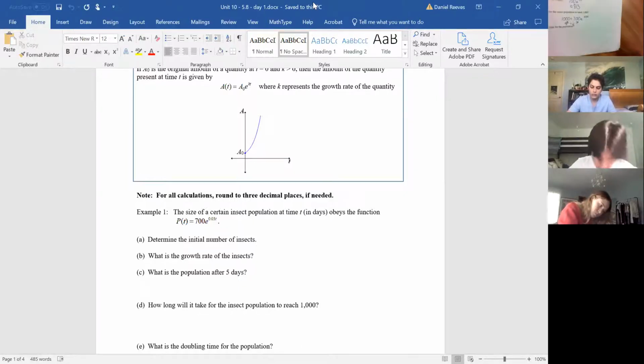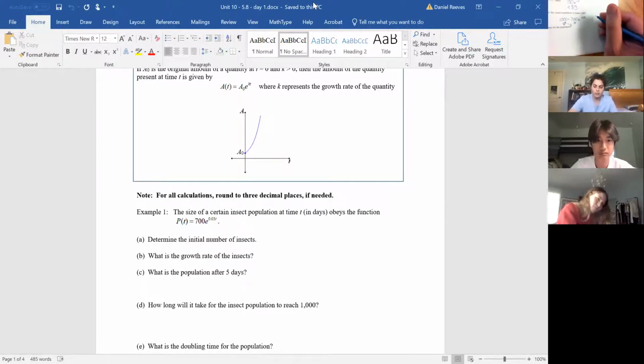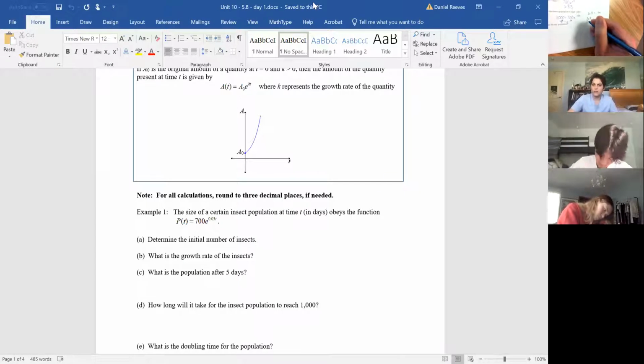Well, my variable is in the exponent, so I'm going to take the natural log of both sides. The natural log of 10/7 is the natural log of e to some power. Oh, well, that's just that power, 0.03t. And my answer is the natural log of 10/7 all over 0.03.